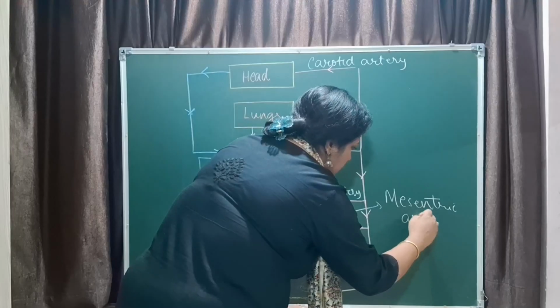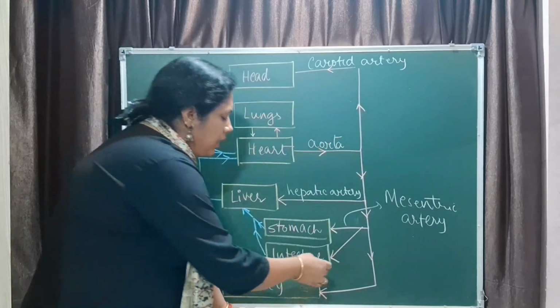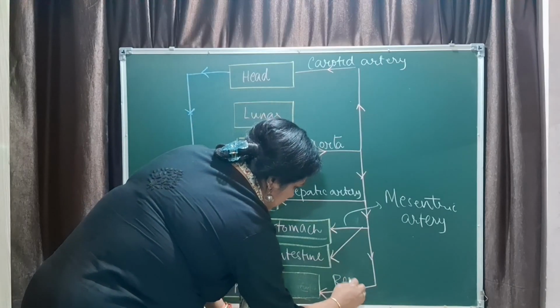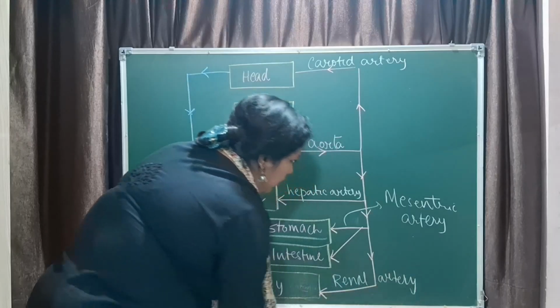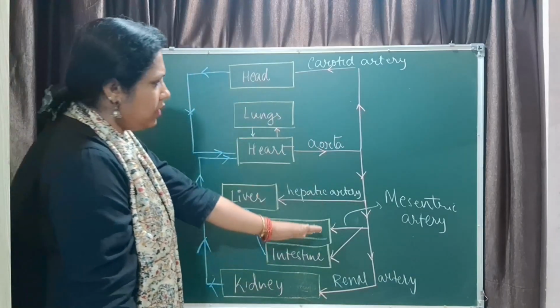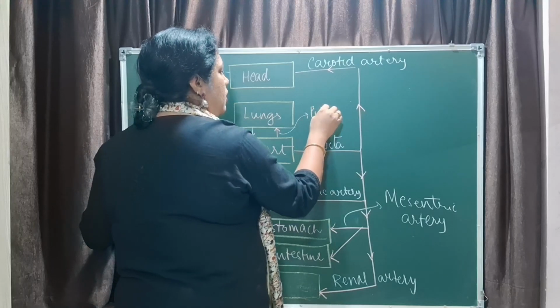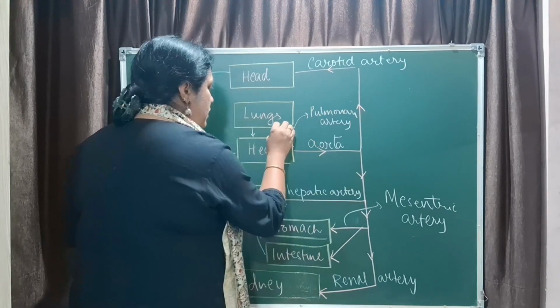All names are not important, but it's better if you know, right? Then the blood vessel which goes to the kidney is called the renal artery.